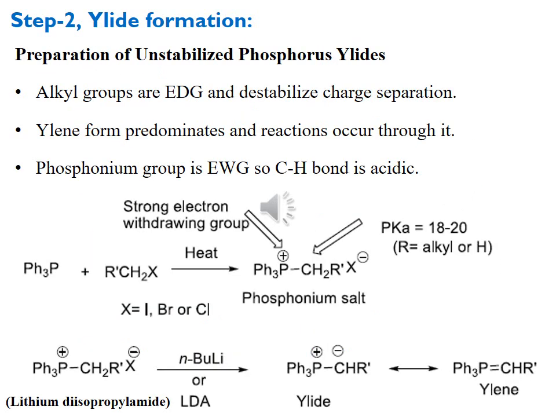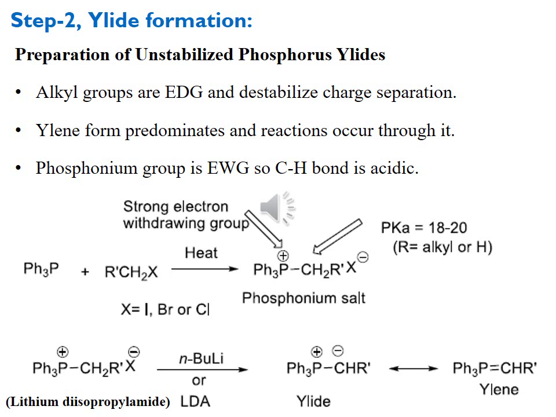How can the ylide form be formed? Here you can see the reaction in which, in the case of unstabilized phosphorus ylides, triphenylphosphine is reacted with a simple alkyl halide, where X can be iodine, bromine or chlorine. As we know, the fluoro group is normally not used due to less reactivity, and the iodo group is used most of the time due to less bond energy and more reactivity.